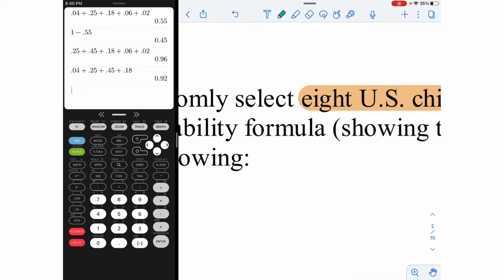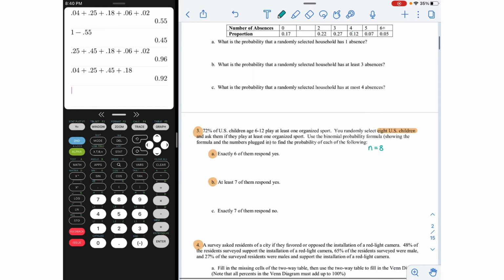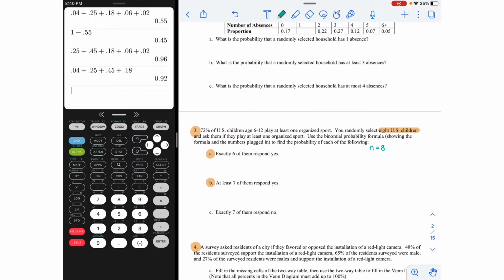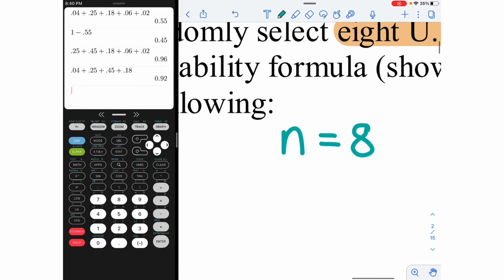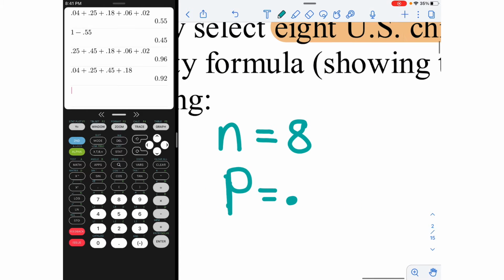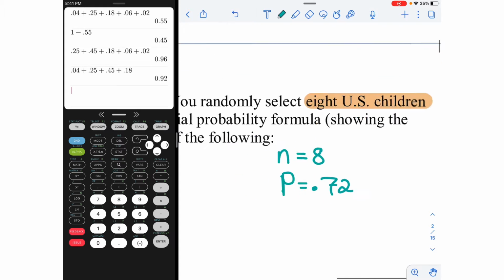That's the N value. That's the number of trials, okay? 72% is a yes answer. So that is going to be the P, which is the success. I'm going to change that to a decimal.